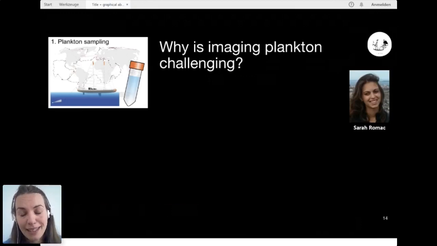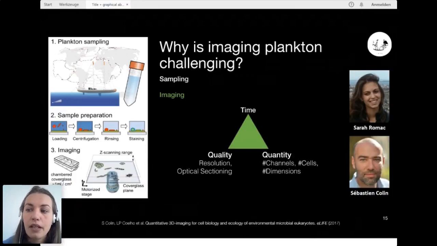These plankton samples are then traditionally analyzed with a stereo microscope by taxonomists. That's of course very labor intensive, and you need highly specialized people for this. So the amount of image data you can get out of it is constrained by time. So we have this kind of trade-off between the quality, quantity, and time that we want to invest or get out of our imaging.